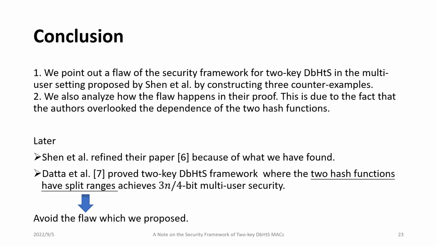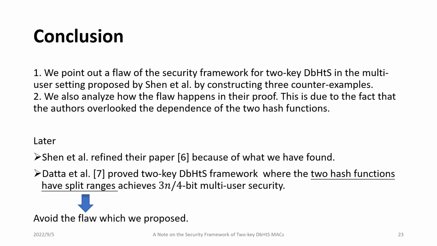We summarize our report. Firstly, we point out a flaw of the security framework for 2K-DbHtS in the multi-user setting proposed by Shen et al., by constructing three counterexamples. Secondly, we also analyze how the flaw happens in their proof. This is due to the fact that the authors overlooked the dependence of the two hash functions.